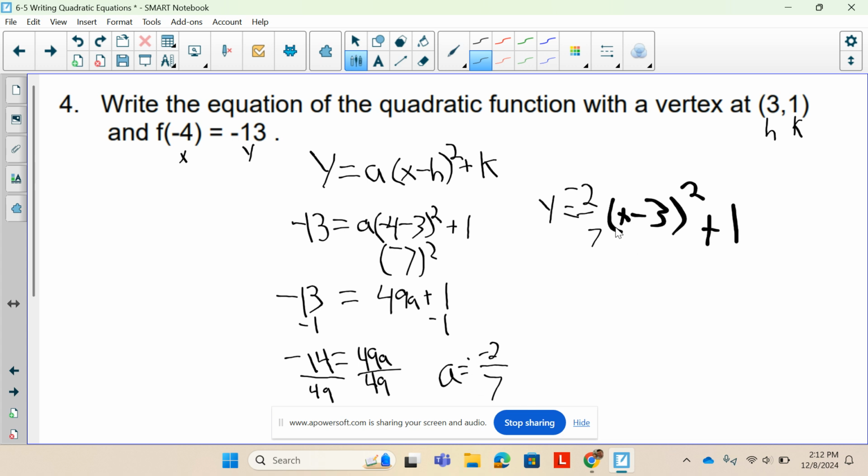Okay, and so that gets us our a value, and you've got the whole equation there written in our vertex form.